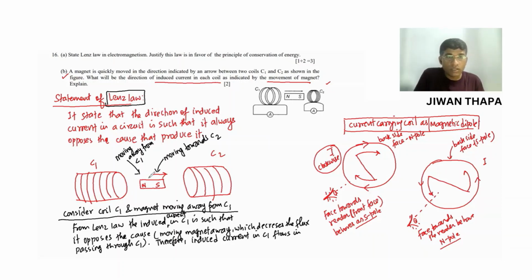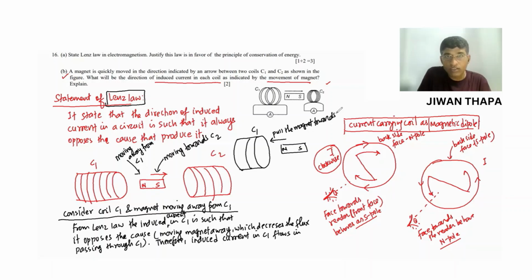Now what we find, induced current opposes the motion of the magnet which is away. So in coil C1, it tries to pull the magnet towards C1.